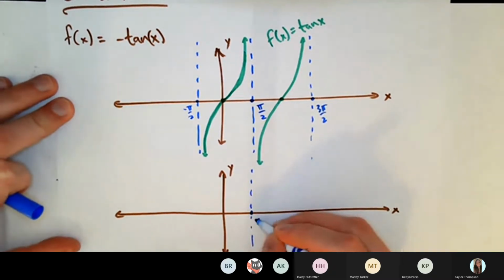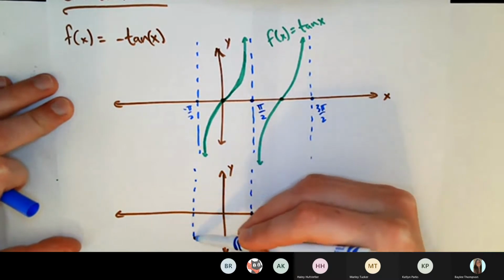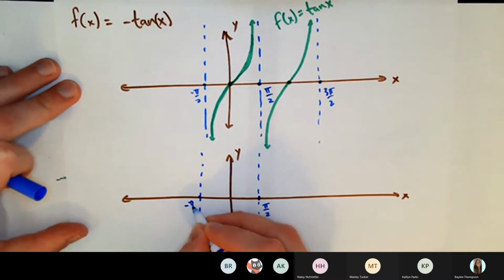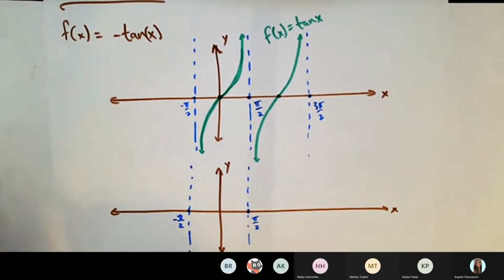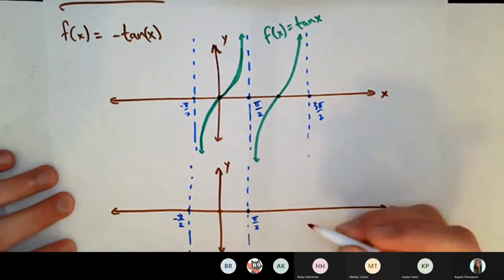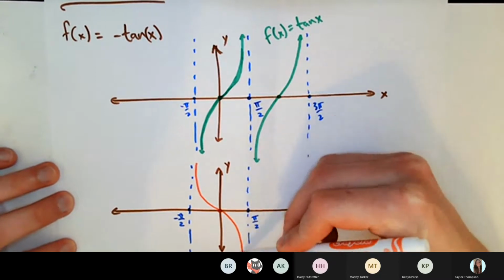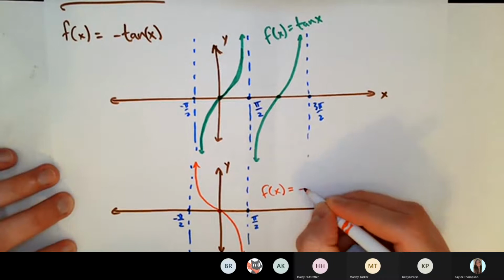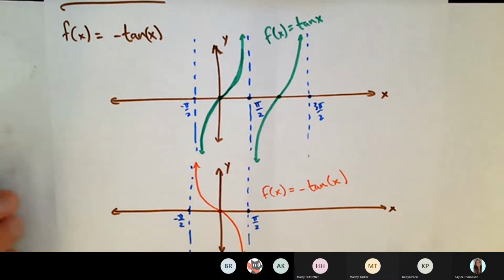It's not shifted or stretched or compressed, so you're going to have those same asymptotes. And I'm just going to flip it over the x-axis. So it's going to look more like this. That would be one period of this graph, f of x equals negative tangent of x.